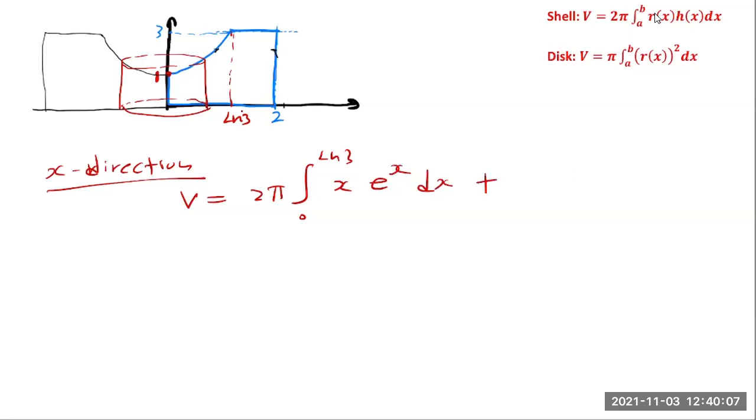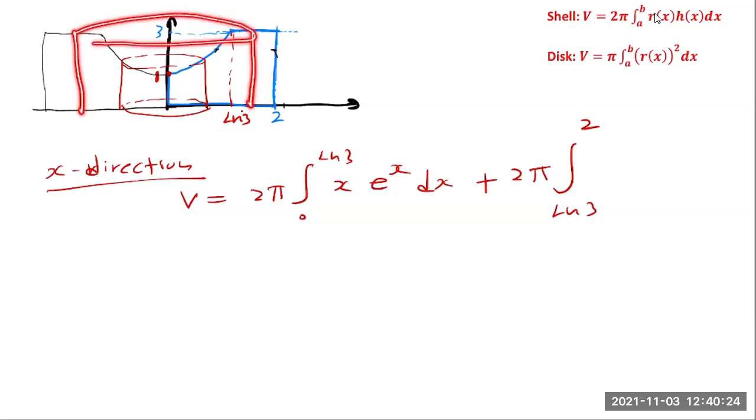And then I'm going to integrate on the remaining interval, that is ln 3 to 2. What is the radius? If you take a representative shell in that region, that will be like this.